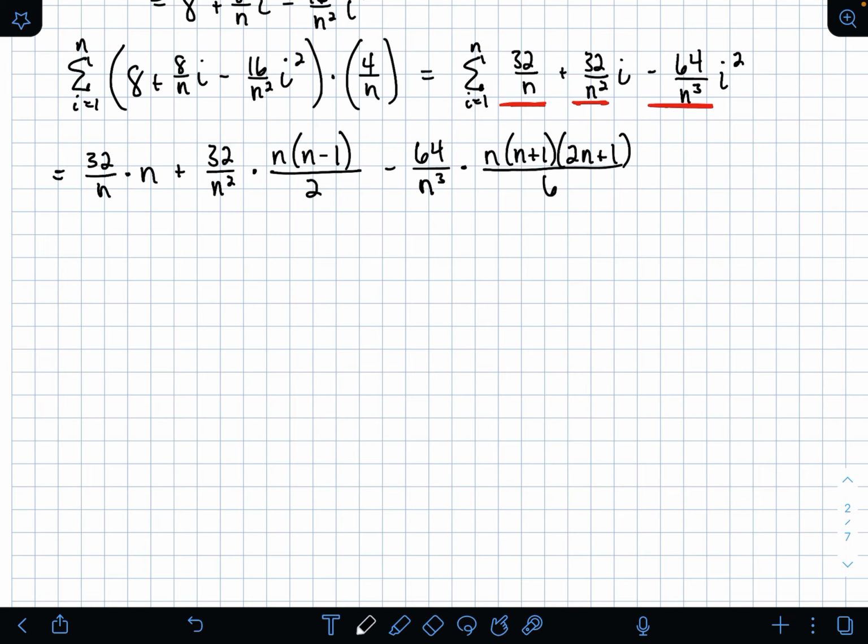Now, don't go hog wild with cross-simplifying because there's only so good it's going to get anyway, but we do have to move on and take the limit. The limit will take care of a lot of this for us without us having to go nuts with simplifying. But there are some basic things we should do, such as cross-simplifying those n's, or these n's, or this n with one of those.